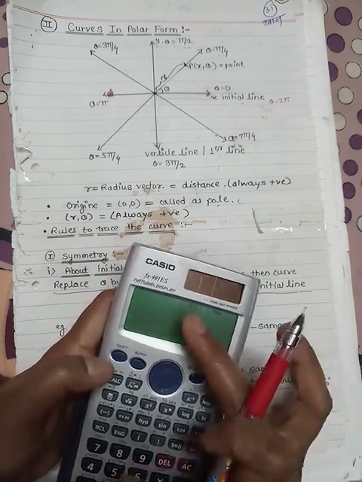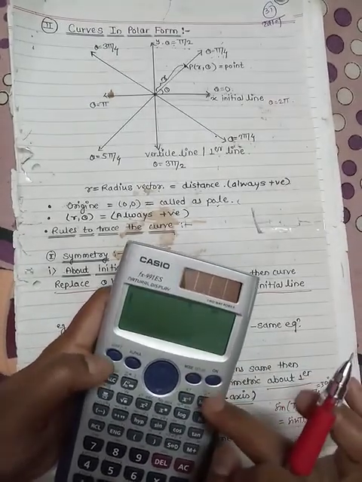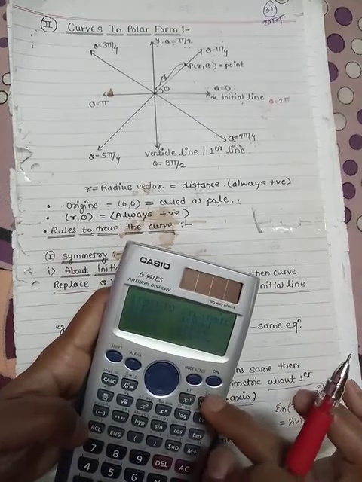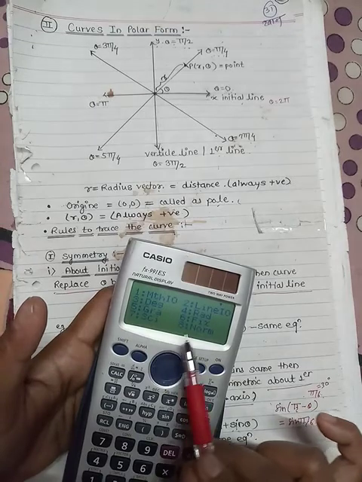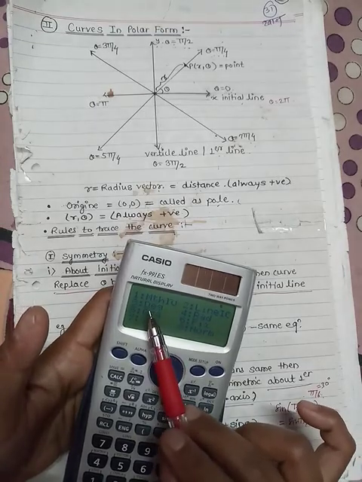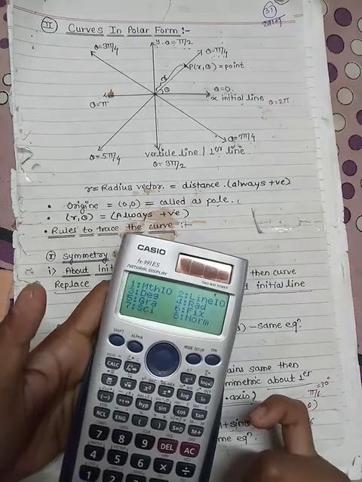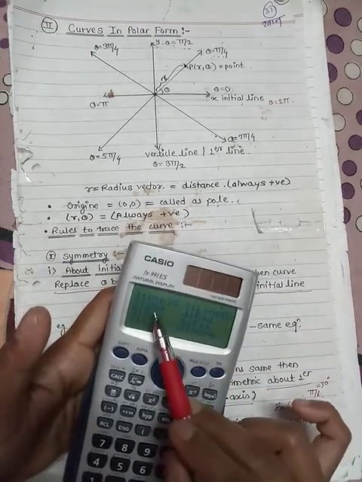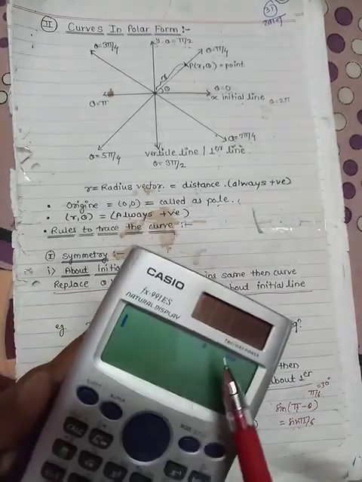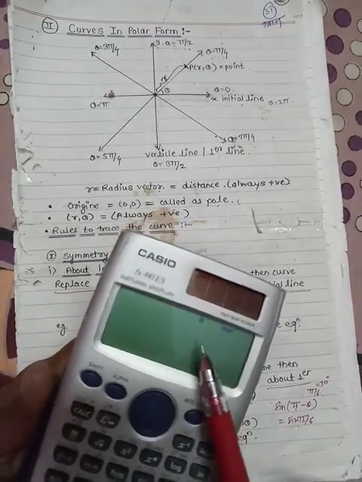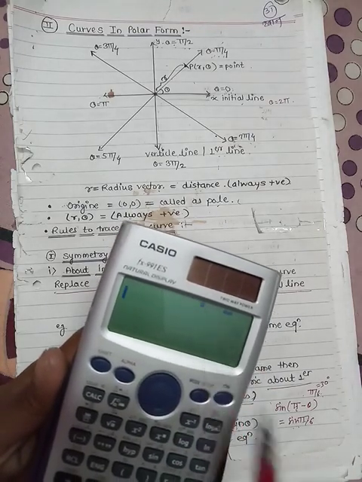So how to set the calci in the radian form? Press shift and then mode. There are some numbers. DEG has the number 3. If we press 3, the calci will be set in the degree form. And if we press 4, you can see here there is an R, that is, the calci is now in the radian setting.